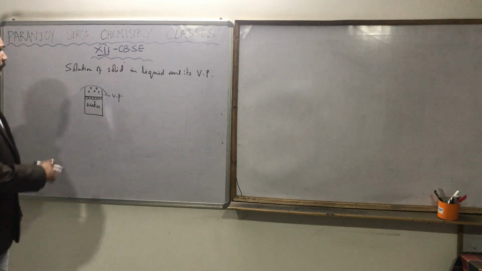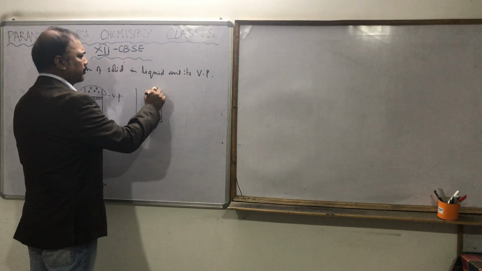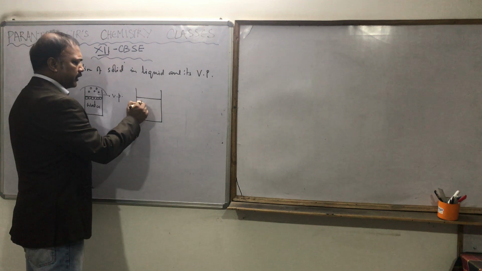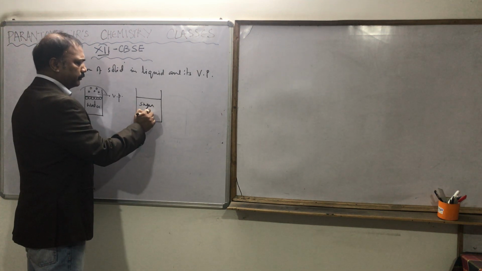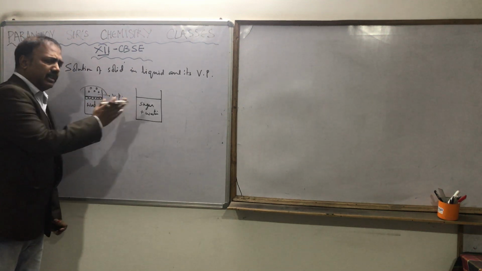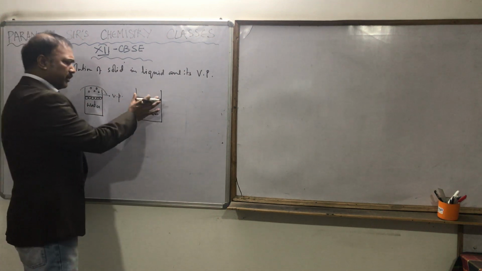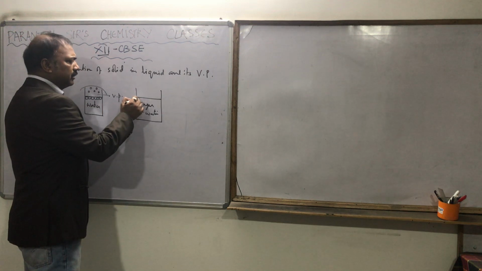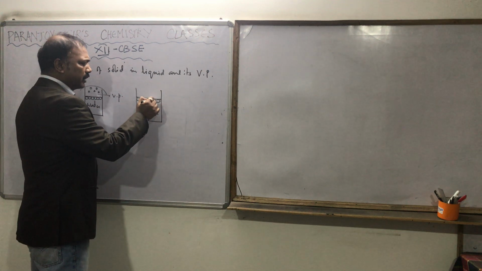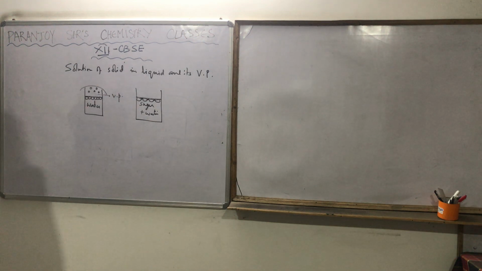Clear? Now, suppose we had taken a non-volatile solute in it. Suppose sugar: we take the same amount of water and add some sugar in it. So it is sugar plus water. Now, at the same condition, obviously the same temperature and other conditions fixed, the same surface area and so on, the number of water molecules present at the surface will be lesser than in the previous case, because there are some sugar molecules involved at the surface.